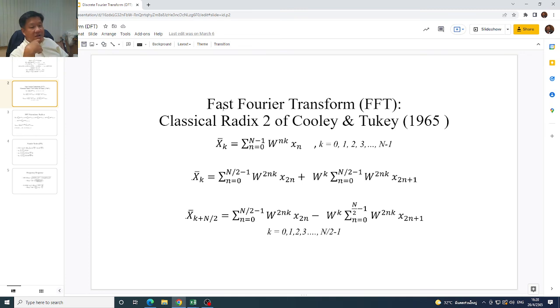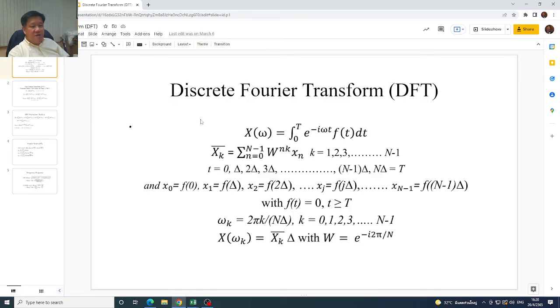If you have a very large N value, just like what we discussed here, the complexity is reduced down to only N log base 2 of capital N. Think about N as a very large number.